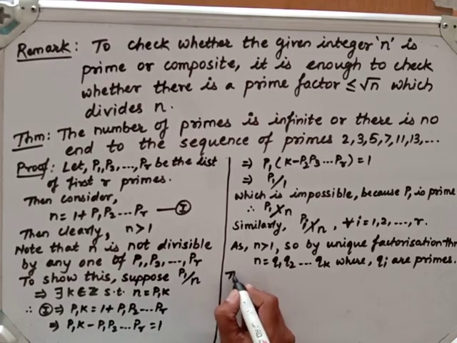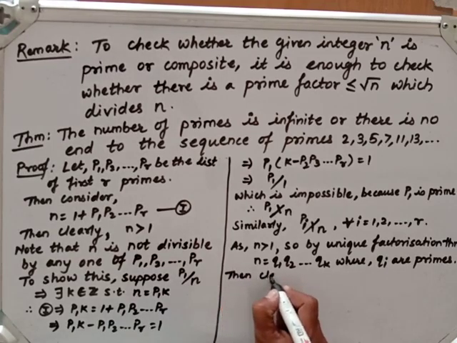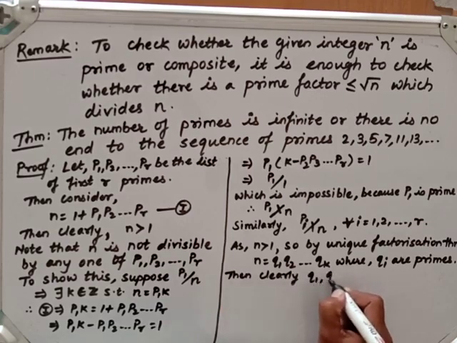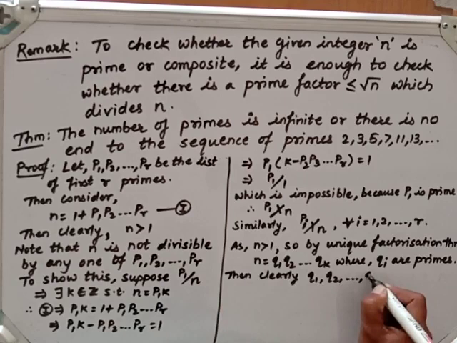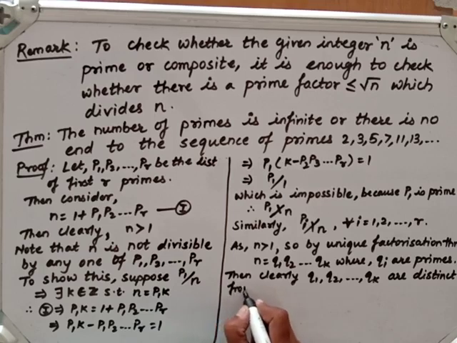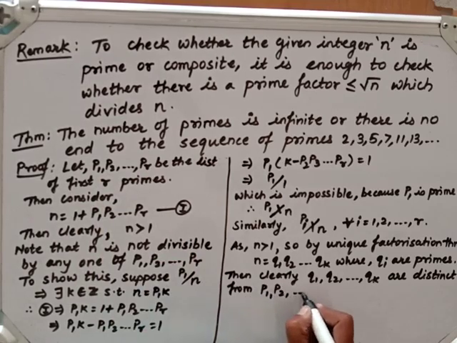Then clearly q1, q2 and so on up to qk are distinct from these P1, P2 so on up to Pr. These are distinct from these ones.